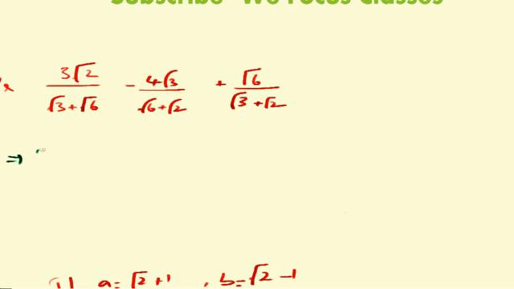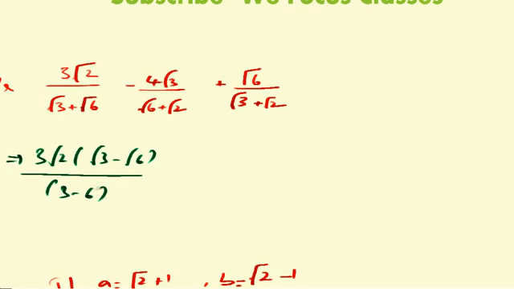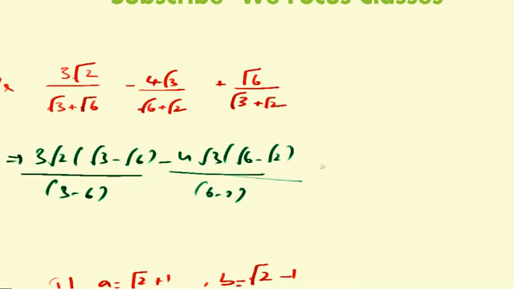So it is given as 3 root 2 into root 3 minus root 6 divided by 3 minus 6, and minus 4 root 3 into root 6 minus root 2 divided by 6 minus 2, and plus root 6 into root 3 minus root 2 divided by 3 minus 2.